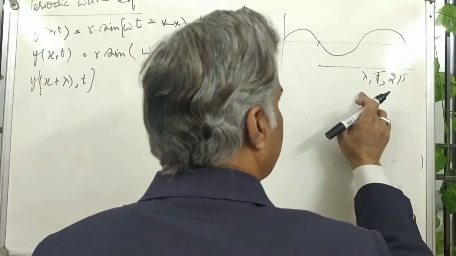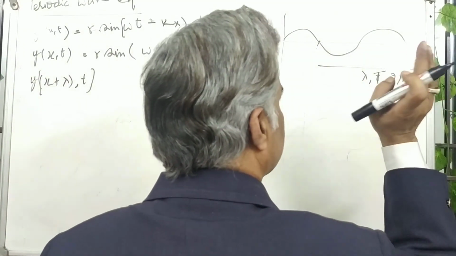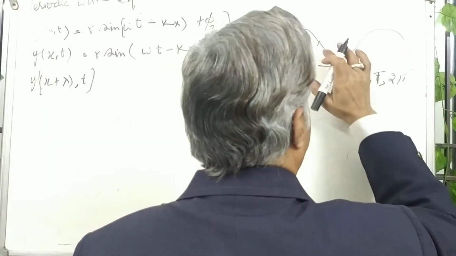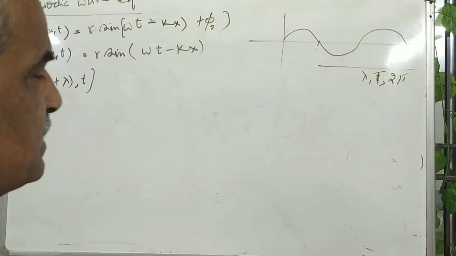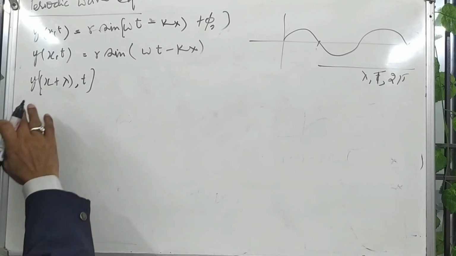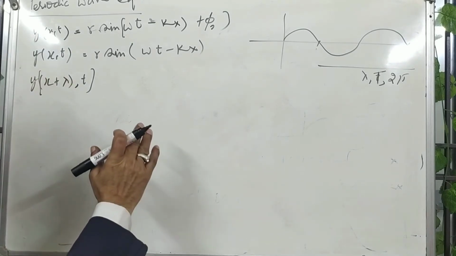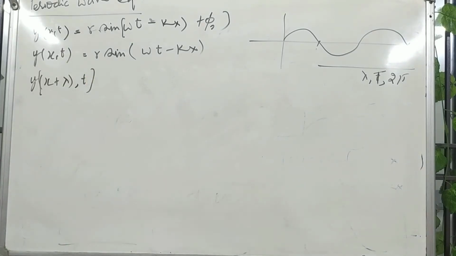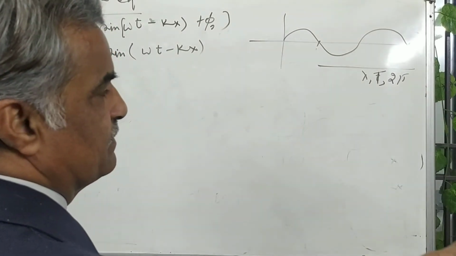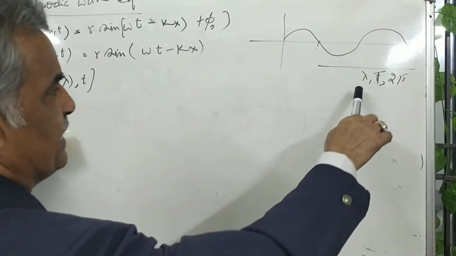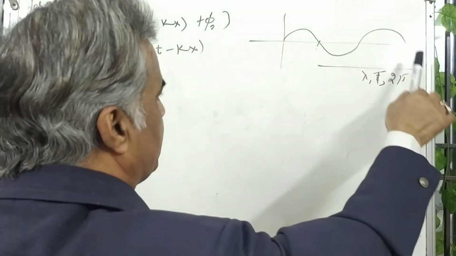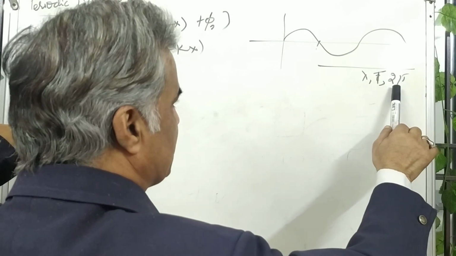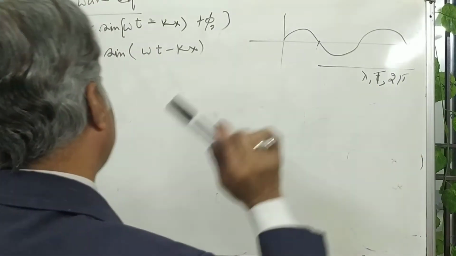After wavelength λ, after time T, after phase difference 2π, the phase will be the same. So the value of y is the same. Displacement of the particle after time T will be the same. Displacement after wavelength λ will be the same. Displacement of the particle after phase 2π will be the same.